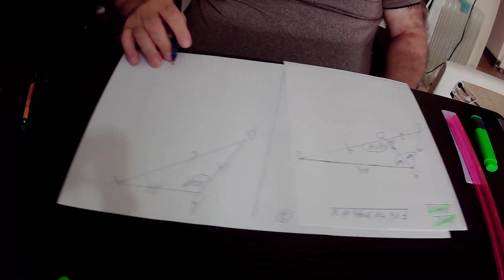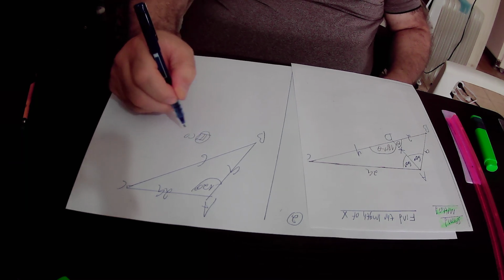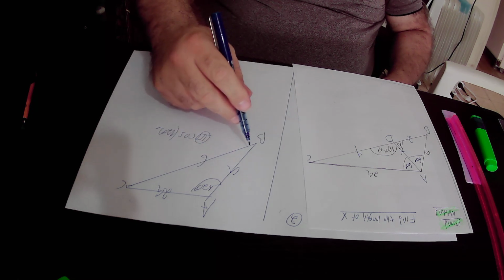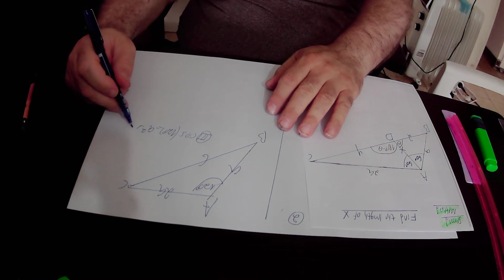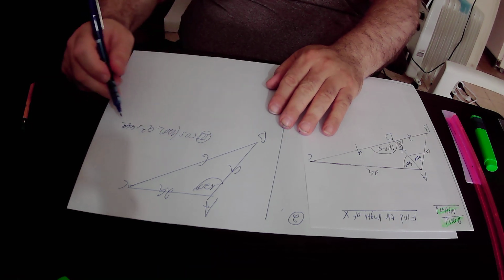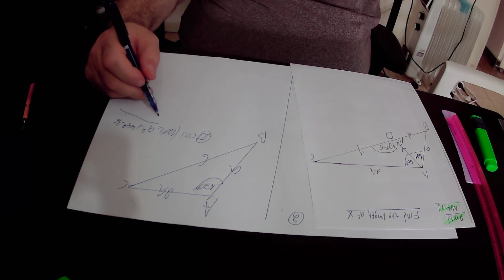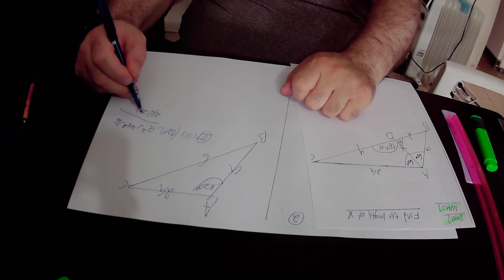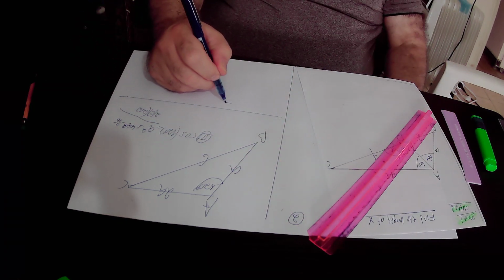So according to the law of cosines, we get that cosine 120 degrees equals AB squared, that is a squared, plus AC squared, that is 2a squared, which is 4a squared, minus BC squared, that is 6 squared, 36, over 2 times AB times AC, that is 2a. Here cosine 120 degrees equals minus 1/2.